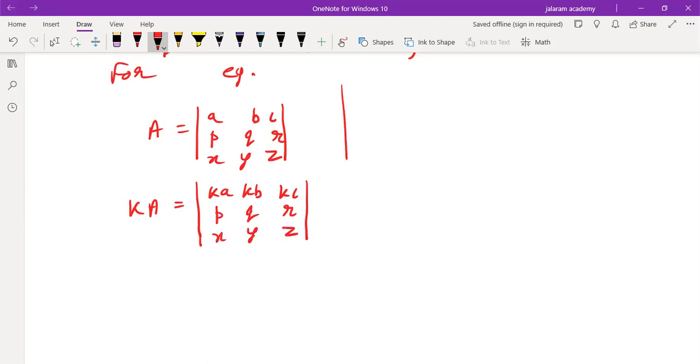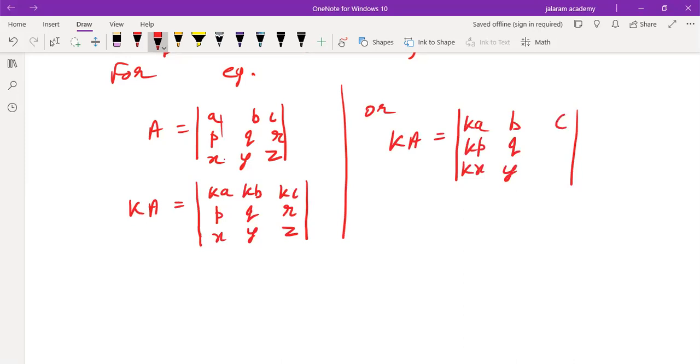Or K can also be multiplied to the first column: KA, KP, KX, B, Q, Y, C, R, Z.